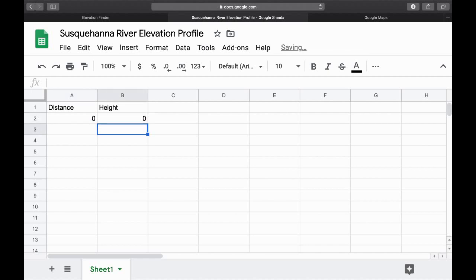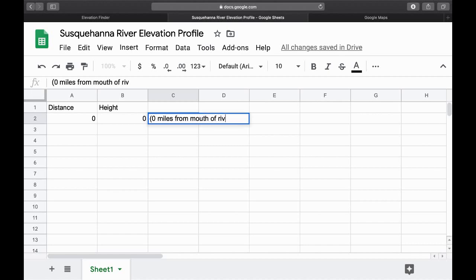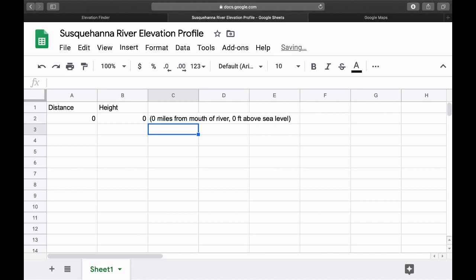Okay? You don't need to write this explanation. This is for your benefit. So 0 miles from mouth of river, 0 feet above sea level. Isn't it fun listening to someone read what they're writing?